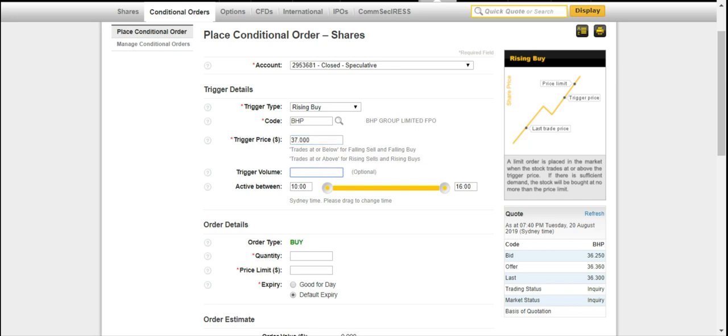You can have volume again if you want. You might say quantity, I want to buy 100, and the price limit is where you want to set a limit. So if it goes over 39, that's the maximum I want to pay for it. So anywhere between 37 and 39, I'm happy to buy that stock.